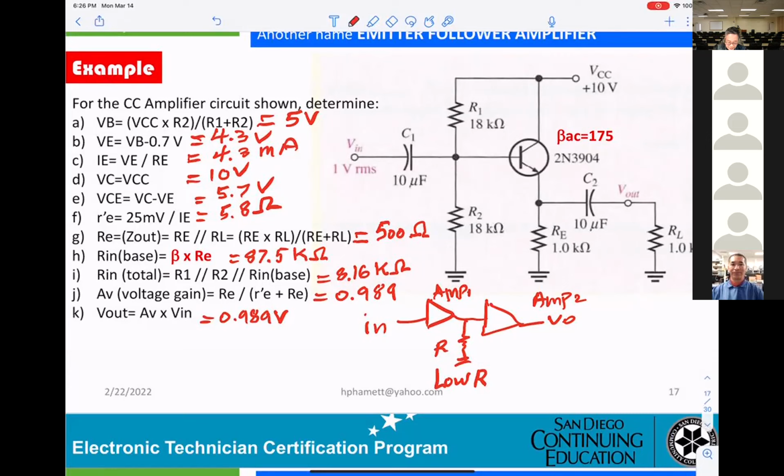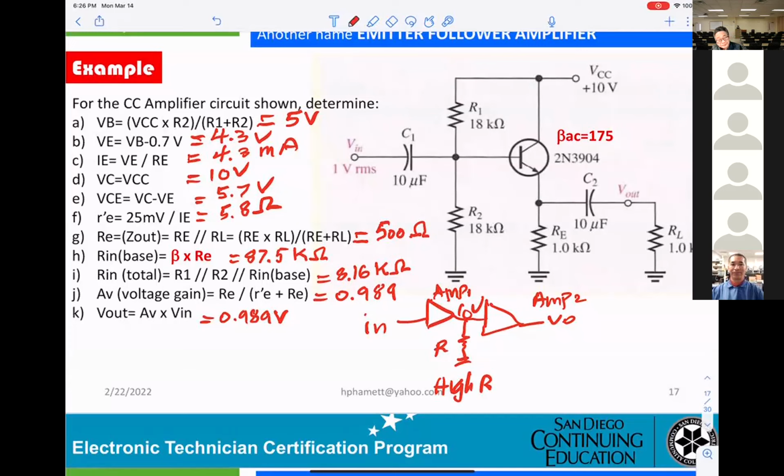However, when they get a high input impedance, high R, so if you get a 10 volt here, then 10 volts is still there, okay? They cannot load down.